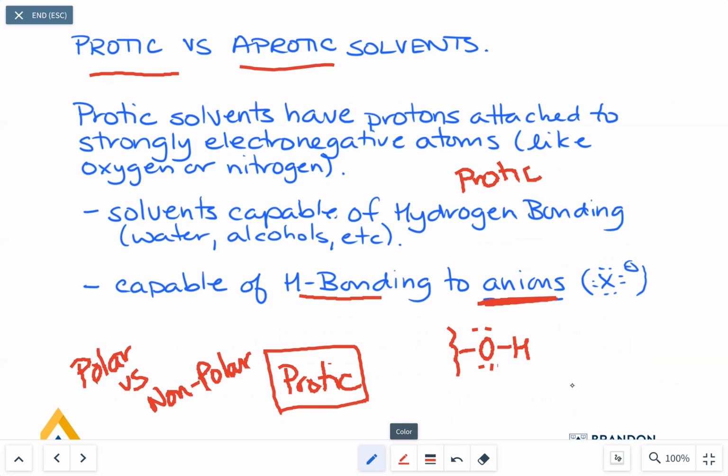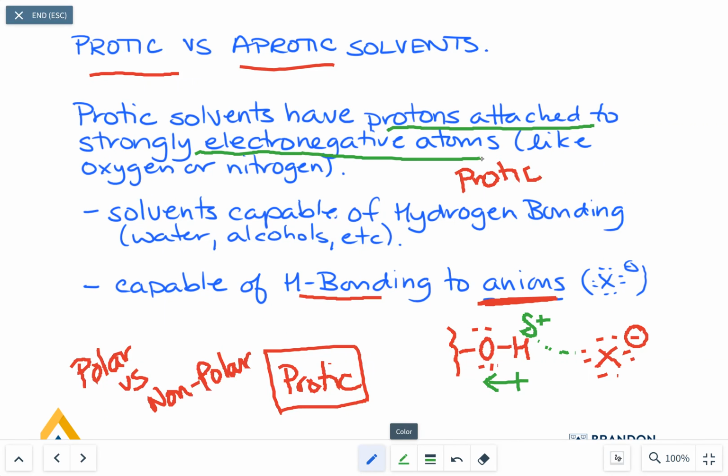So if you've got an anion, X minus, for example, the delta plus side is going to be interacting with the anion. So negative is attracted to positive. Protic solvents have protons that are attached to strongly electronegative atoms.